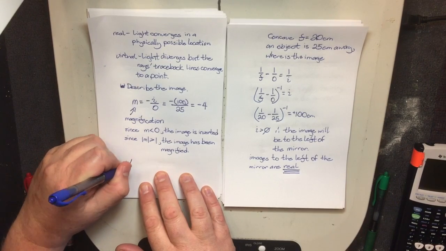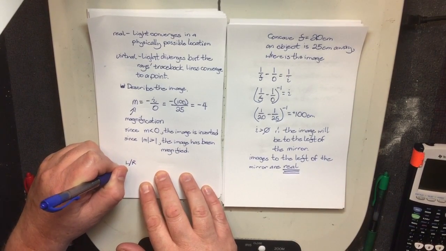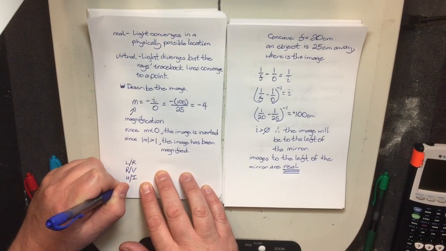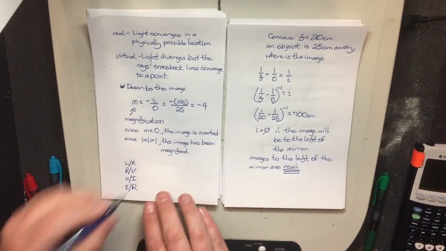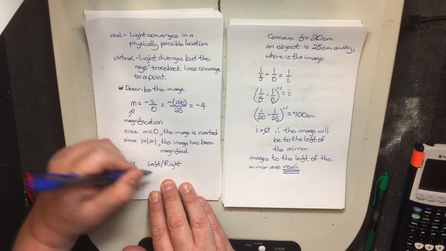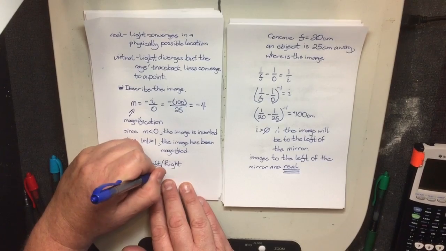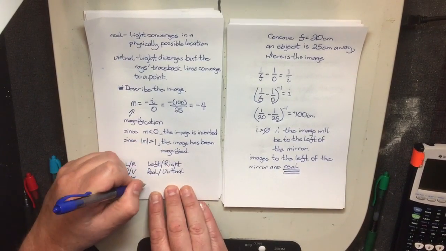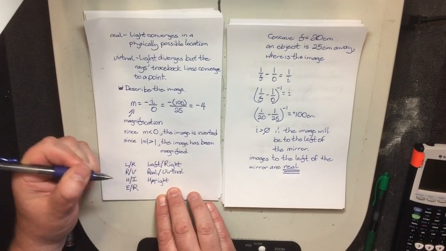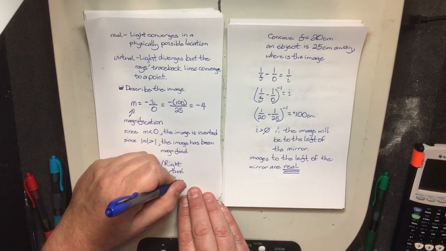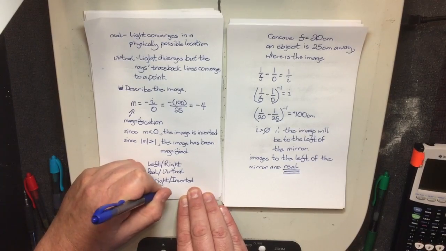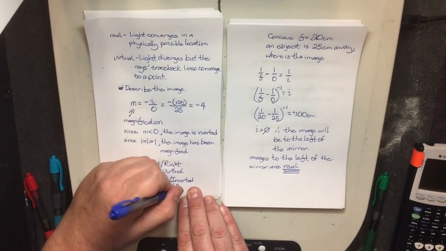So there are 3 basic things: L left, R right; R real, V virtual; U upright, I inverted; E enlarged, R reduced.